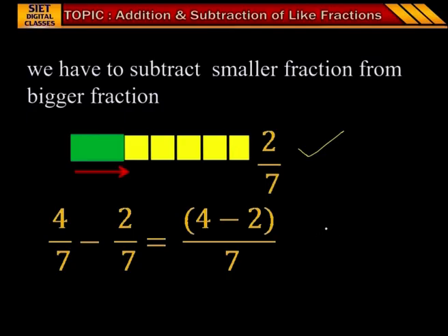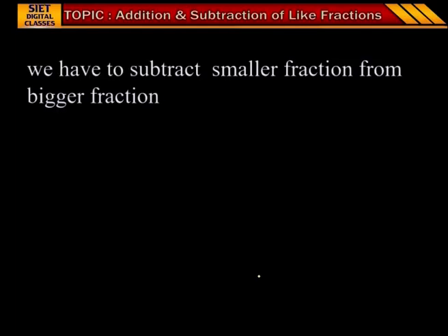Here also what we have done: 4 by 7 and 2 by 7 are like fractions. So, for like fractions, we subtract only the numerators. See, we have to subtract the smaller fraction from the bigger fraction. 4 by 7 minus 2 by 7.